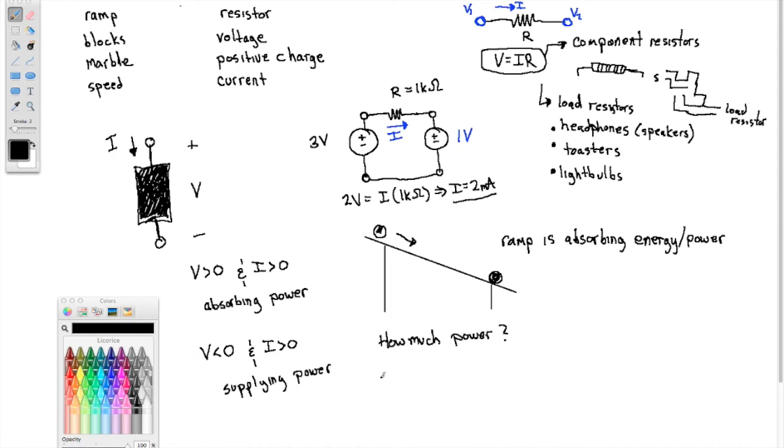Well, if you look at the product of V and I, okay, if you look at the units of that product, so we said voltage was energy, joules, divided by a charge, coulombs, times, and we said that the current was a charge, coulombs, per second.